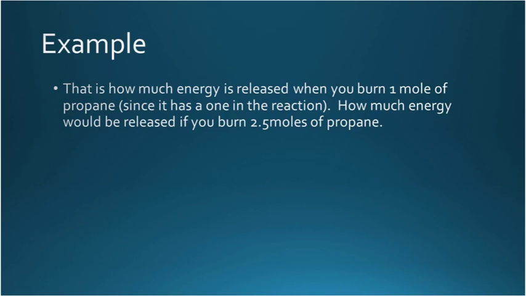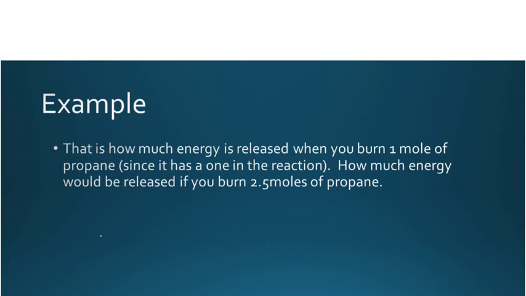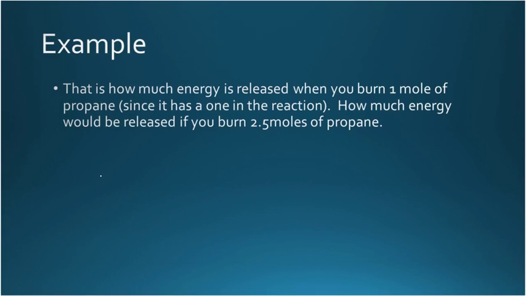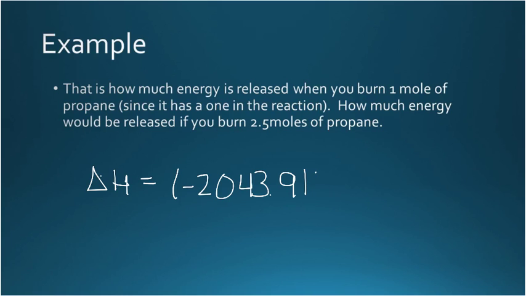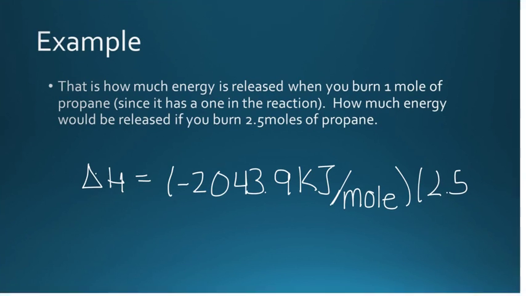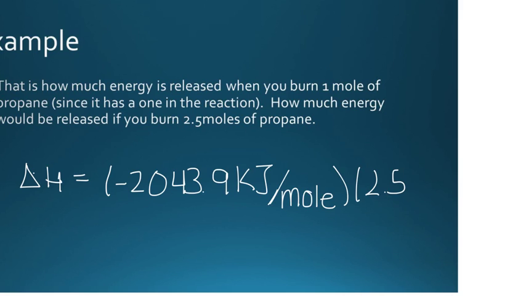All we need to do is multiply that number of moles, so that changes our delta H. We're going to multiply the negative 2,043.9 kilojoules per mole by 2.5 moles.